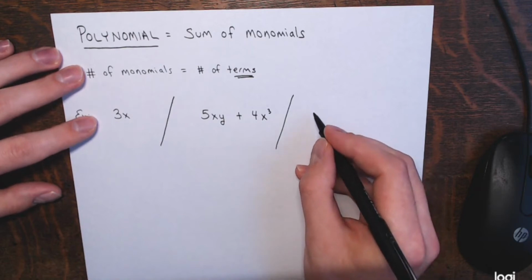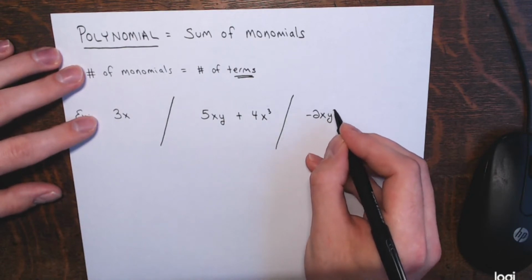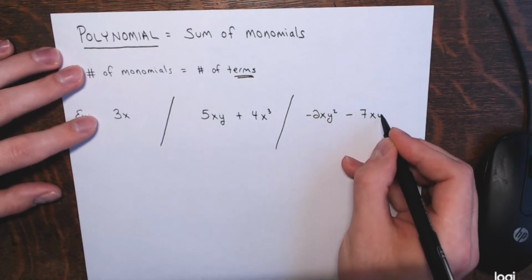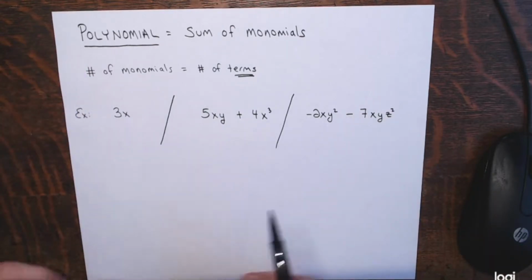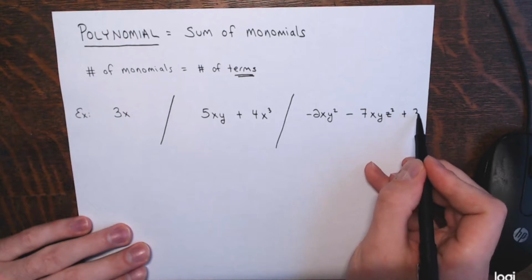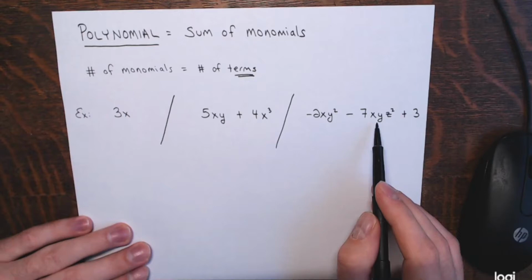Then here's, how about say, negative 2xy squared minus 7xyz, z squared, whatever. And how about I throw on plus 3? Right? Why not a constant term? But here's a polynomial with 3 terms.